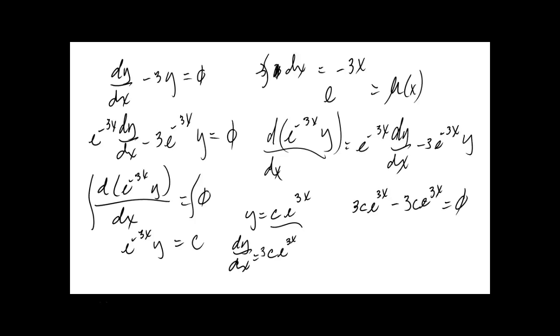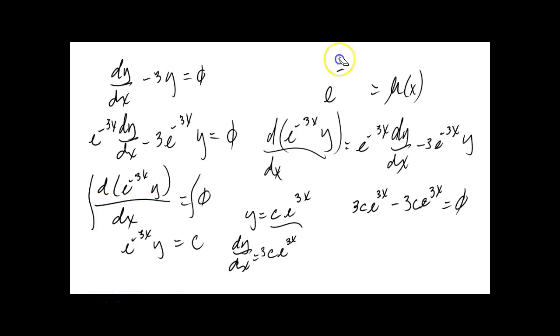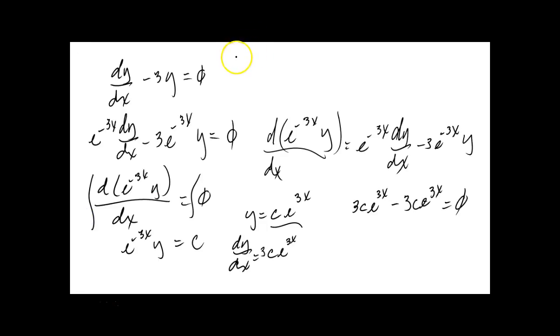Now, would I have gone through that to solve this one? Hopefully not. Hopefully I would have done this. If you don't mind, I'm going to erase just a little bit of it up here. I would have written this as dy/dx is equal to 3y, and then write that in differential form and separate the variables: dy over 3y is equal to dx.